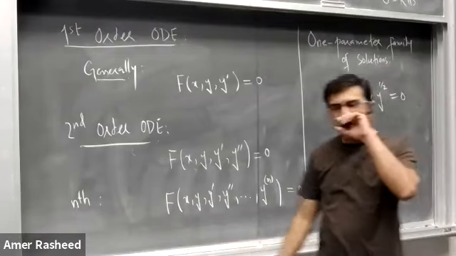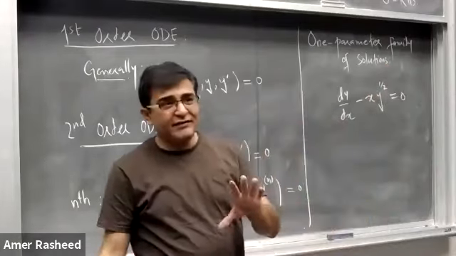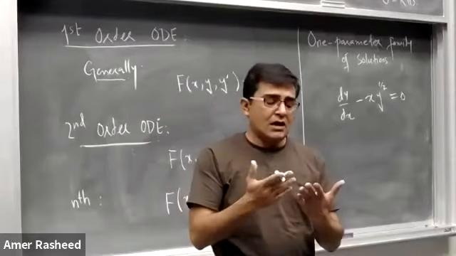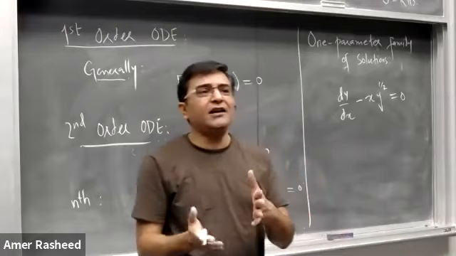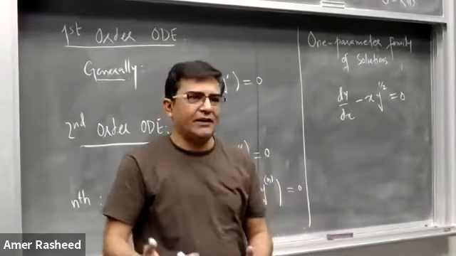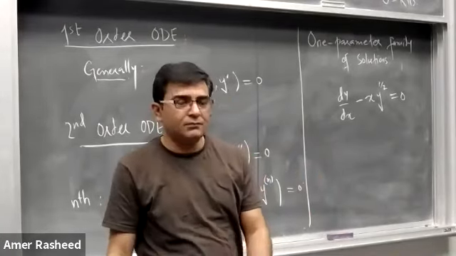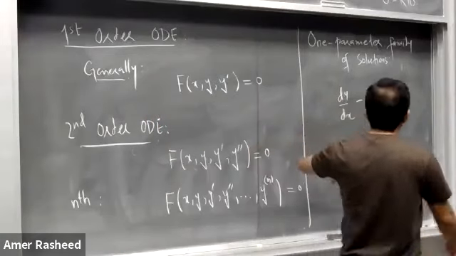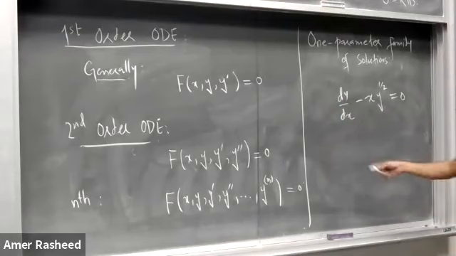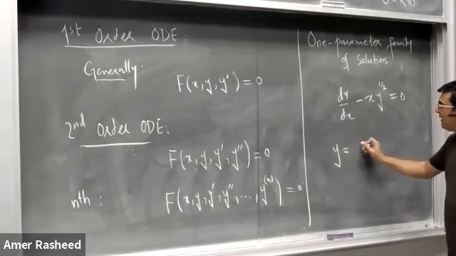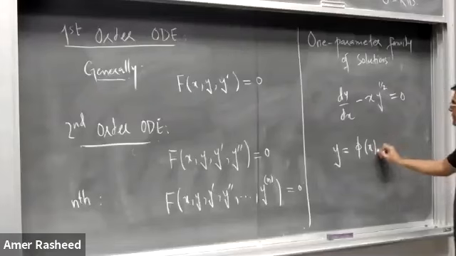kind of technique you have to apply integration first, and then you have to apply some different techniques in order to solve that integral term. After solving that integral term, what do you get? What do you expect? You expect some function y in terms of x.